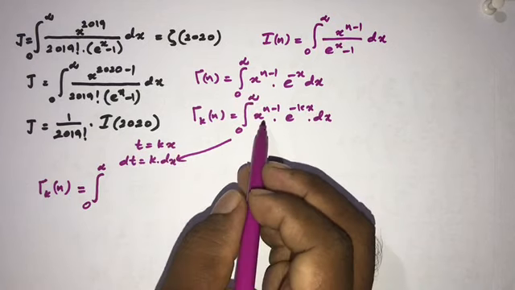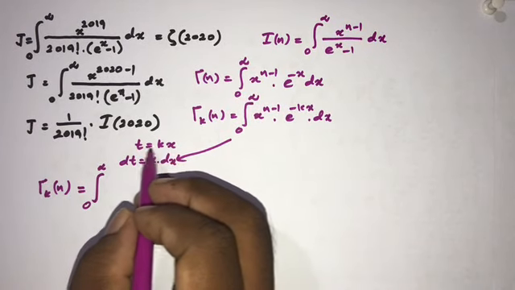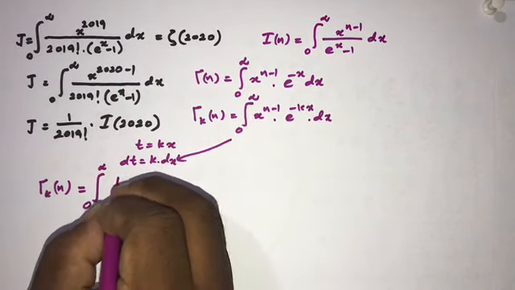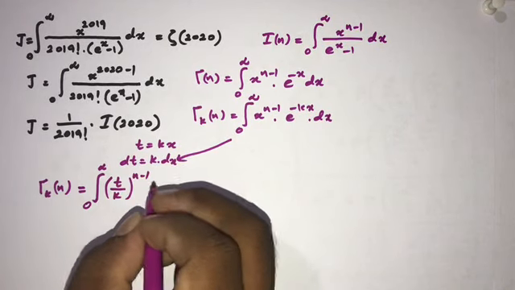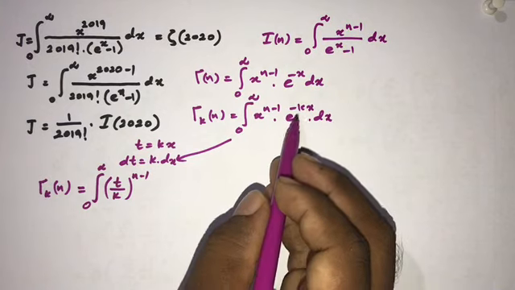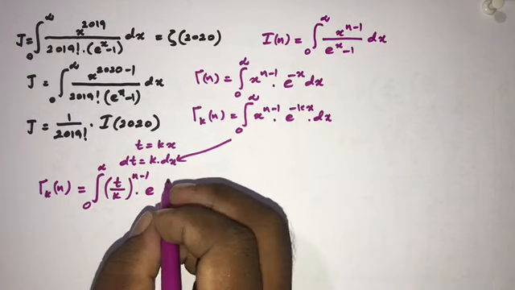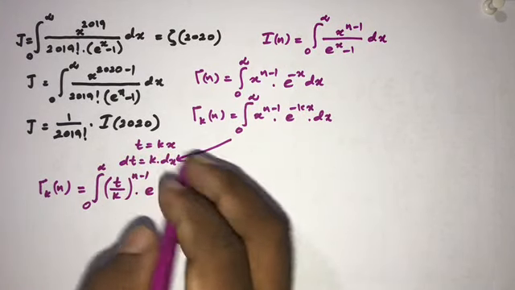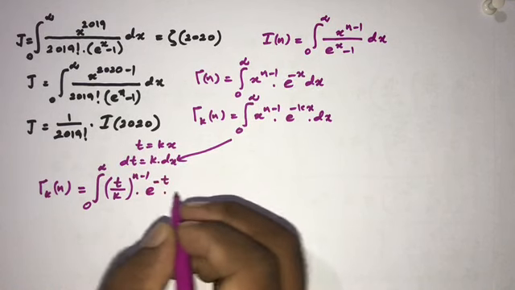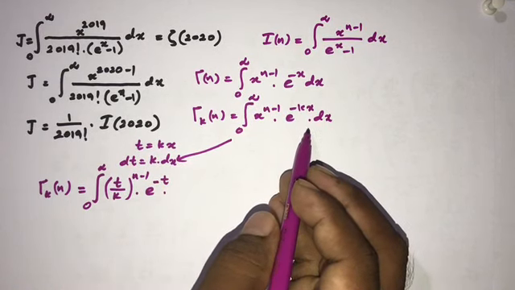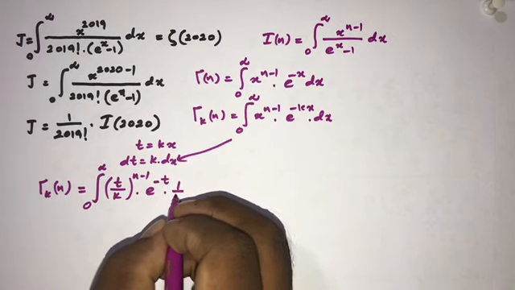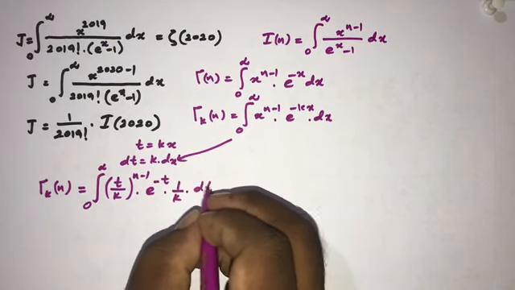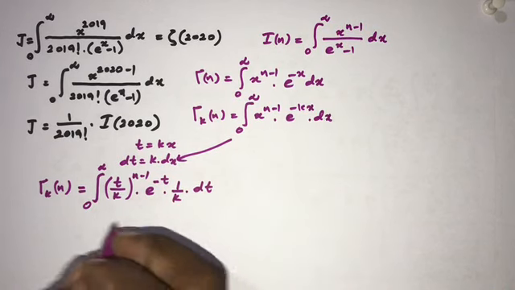Now x is equal to t over k, so (t over k) to the n minus 1 power, and e to the minus kx is equal to e to the minus t. Now dx is equal to 1 over k dt.